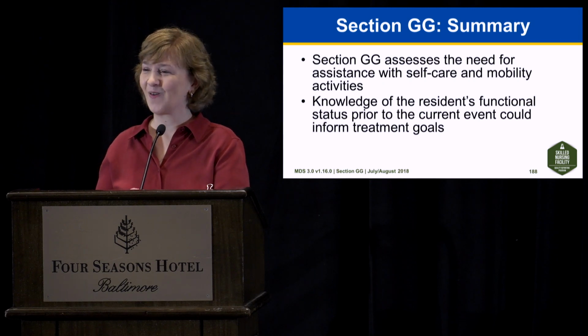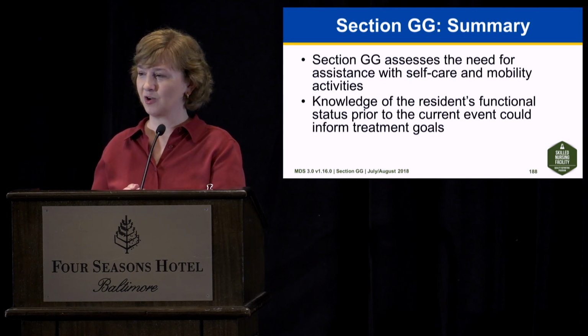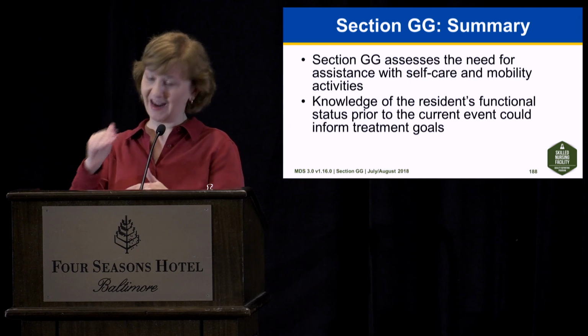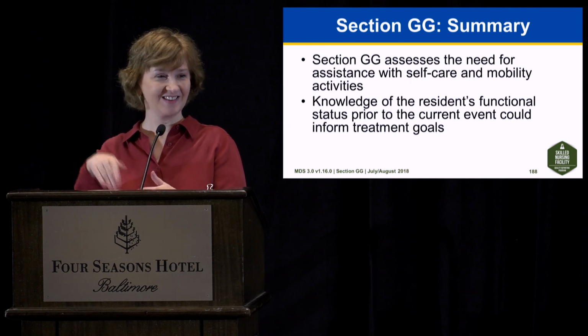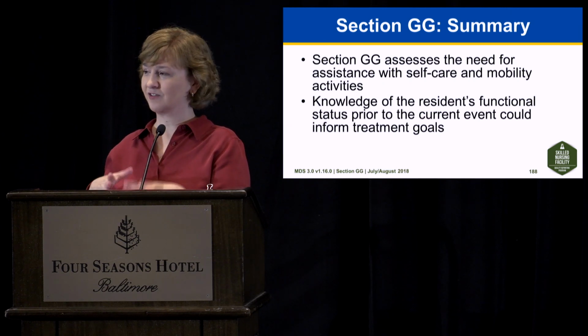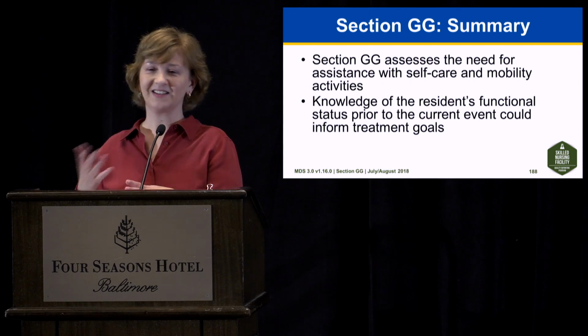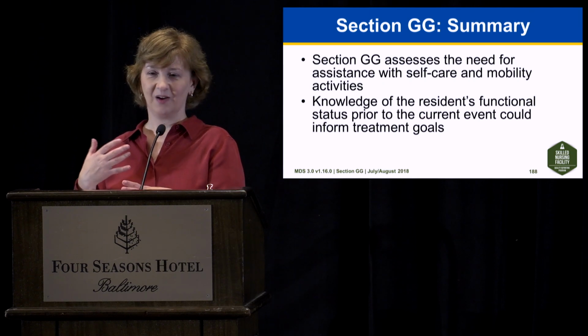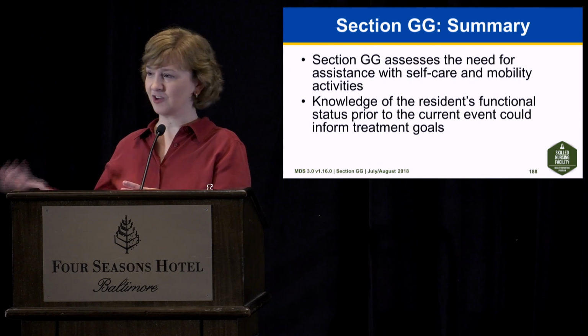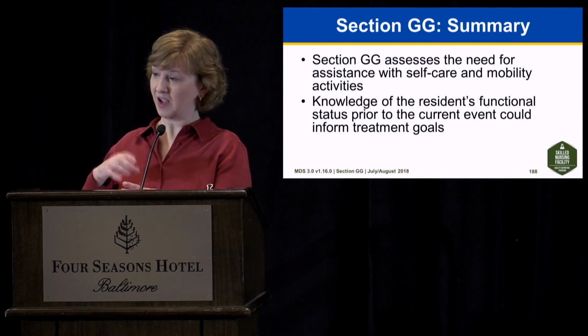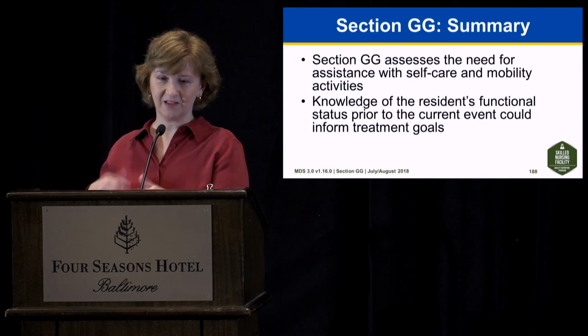Somebody wrote an excellent question and noticed that cane was not listed as a device, so thank you for that question. During the post-acute care payment reform demonstration, we did actually have cane listed as a device, and when we did the risk adjustment modeling, we found that it did not predict functional outcomes, but the other devices did, the walker did.